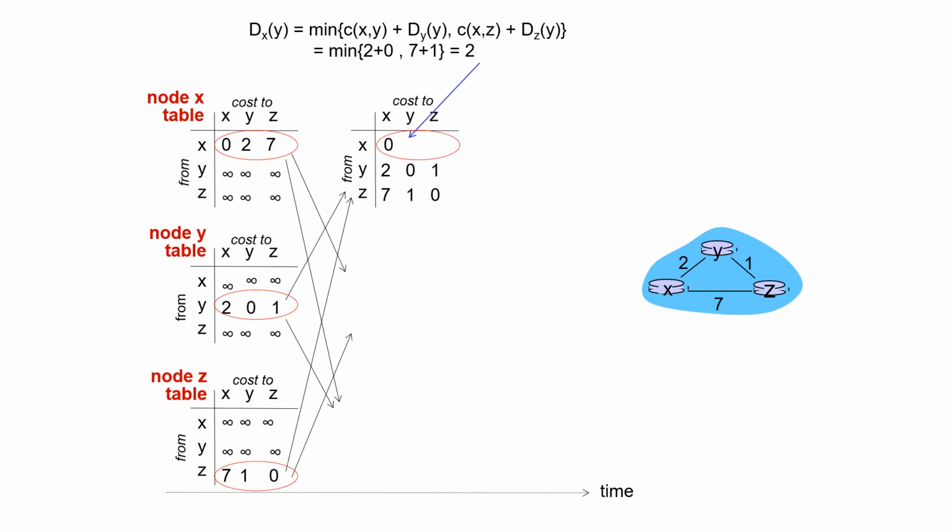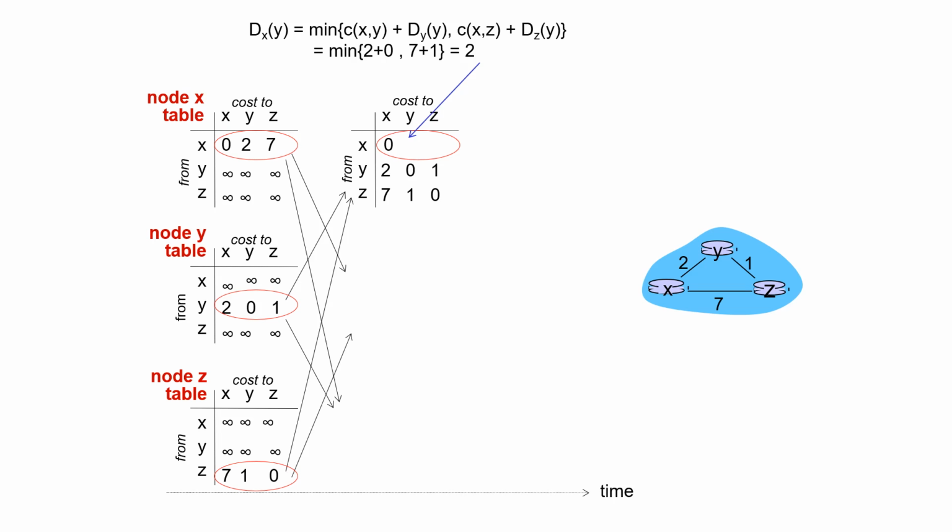X updates with the information from Y and Z. Y updates the information from X and Z. And Z updates the information from X and Y. So here we are updating the routing table at node X. It is collecting the information from node Y and node Z. Node Y has its second row filled with its values, and node Z has its last row filled with its values.